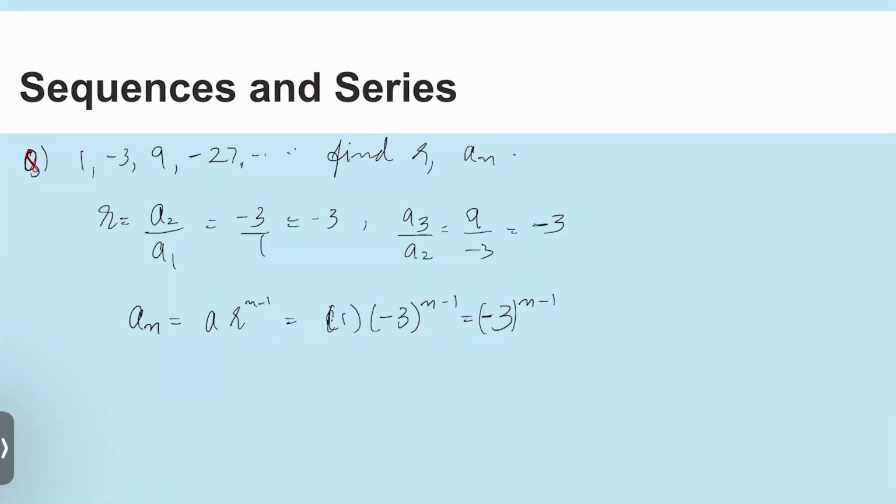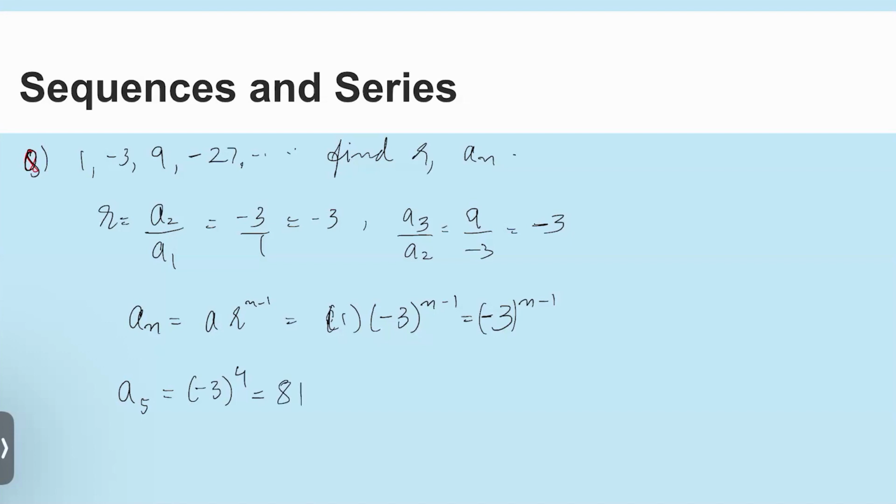So the sign of your term is going to depend on your n. Suppose we have been doing 4 terms here. So if we have A5, that is going to be minus 3 raised to 4. Because it's raised to 4, you will have a positive term. So that is going to be 81.